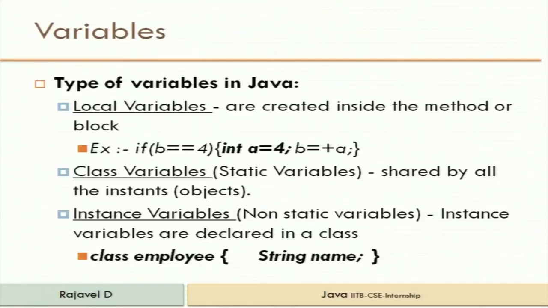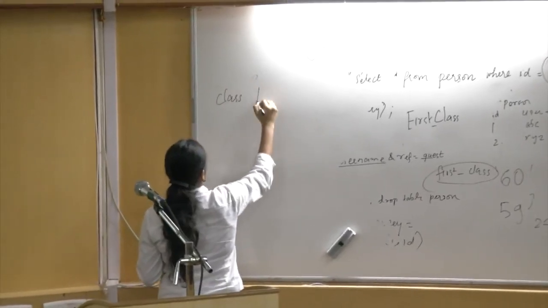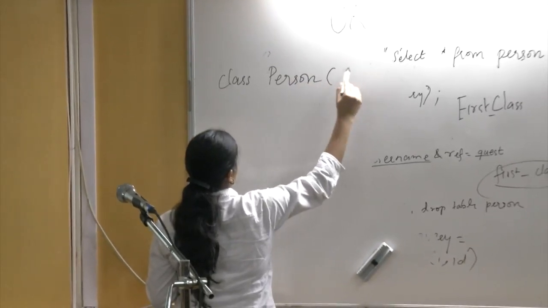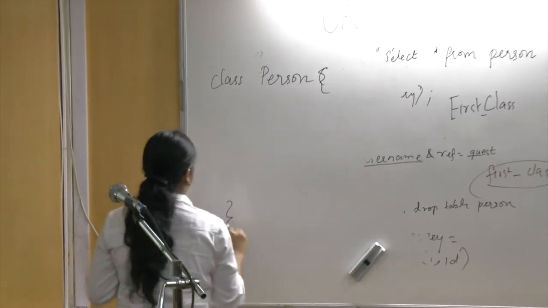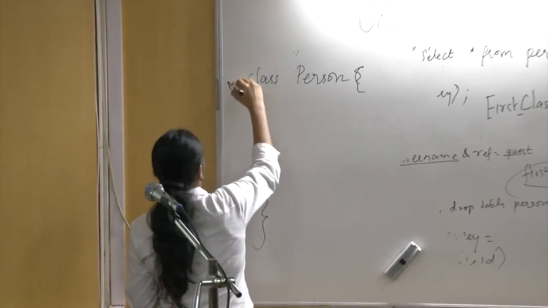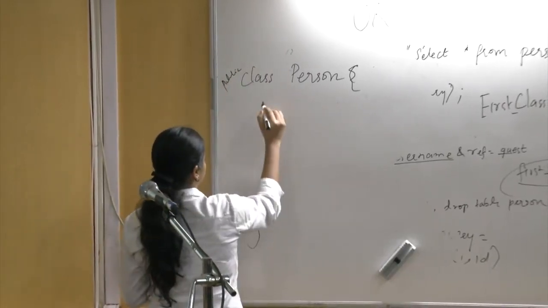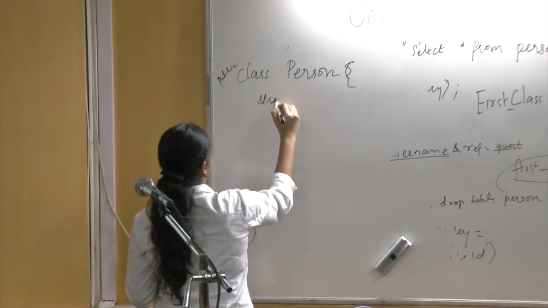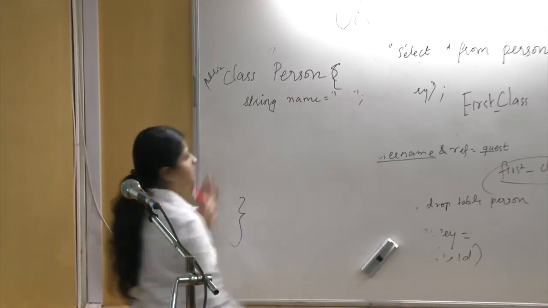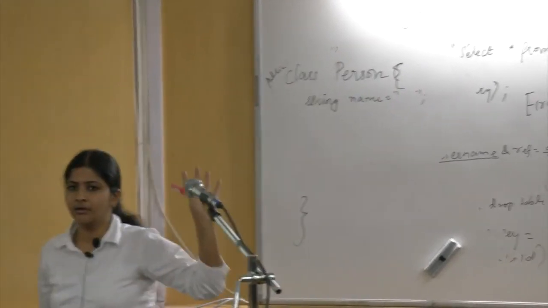Class variables will be declared, for example, if you write public class person, and you declare a variable string at the start, this is called a class variable. Like you write a class and you declare it at the start, it is called a class variable.